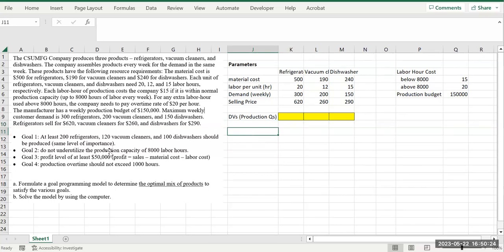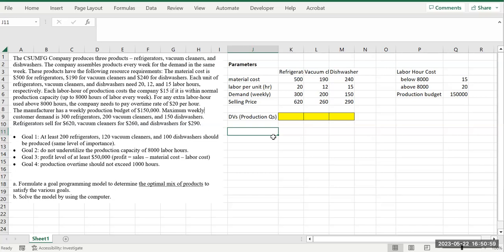And then for the goals, first one, the amount of production, we have a goal for that. First off, we're going to make sure that we're not going above, because here we see that there's a maximum. Actually, if that's a maximum, then we should be able to allow going under and over. But the maximum weekly demand should also be taken into consideration.